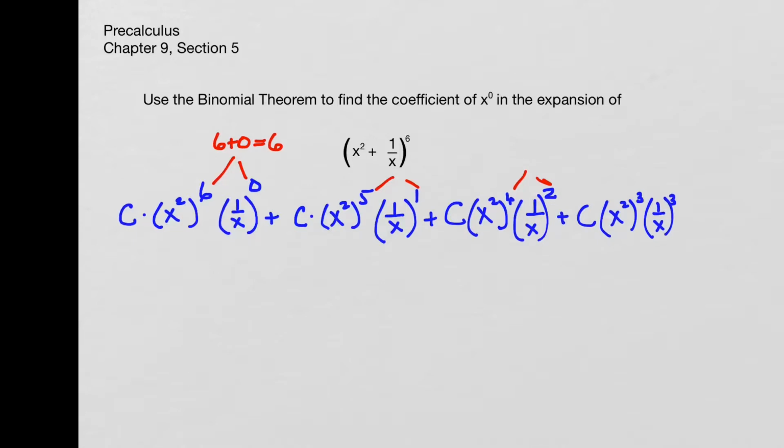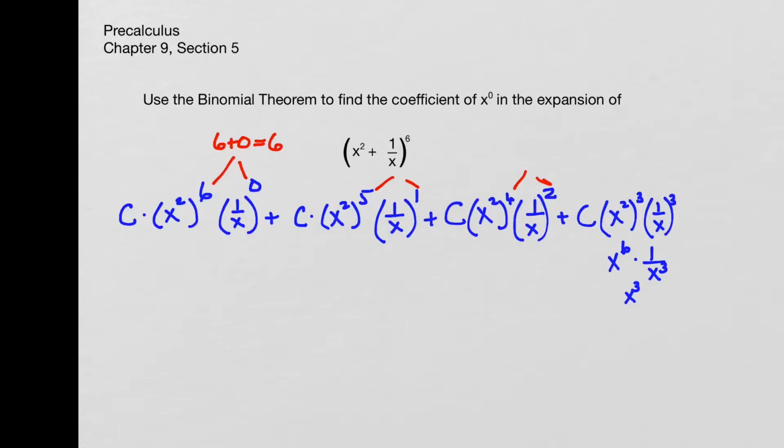Okay, so at this point, I'm going to check and see. I can see already this is not going to simplify completely to just a constant, but just to get an idea of where we're at. We have x squared to the 3rd, which gives me x to the 6th, and that's multiplied by 1 over x to the 3rd, and when you multiply those, you get x to the 3rd power.